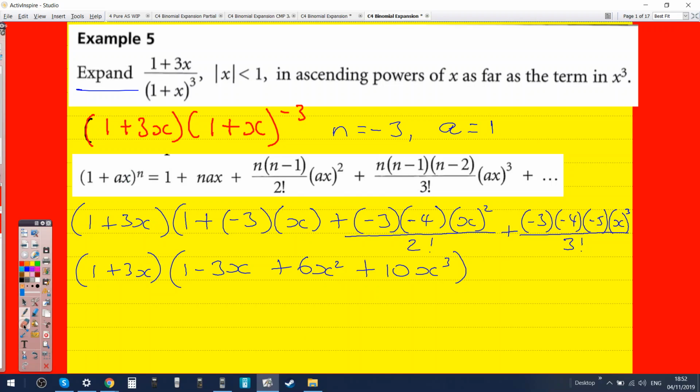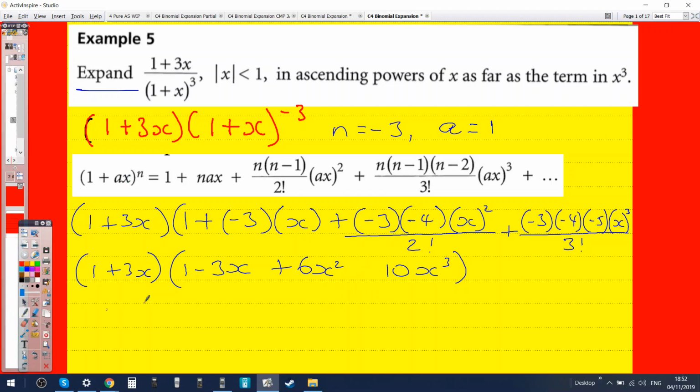Yep. So then you get 1 minus 3x plus 6x squared minus 10x cubed plus 3x minus 9x squared plus 18x cubed. Okay. So you get 1 minus 3x squared.